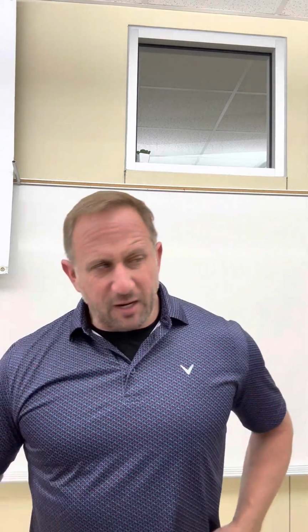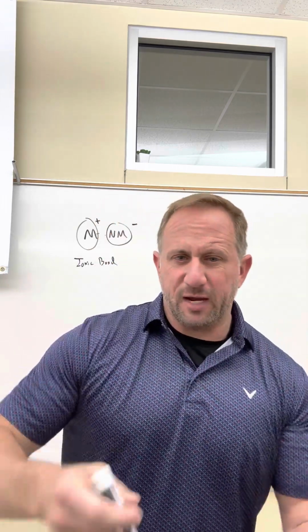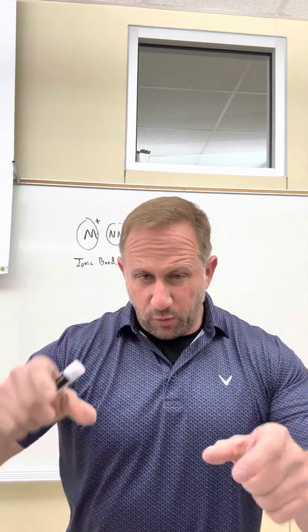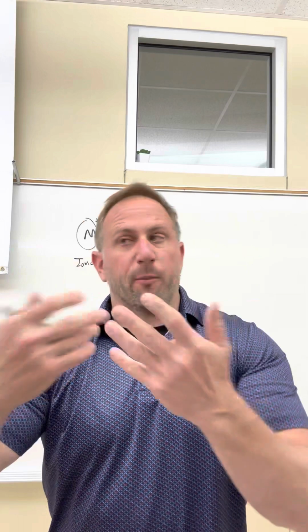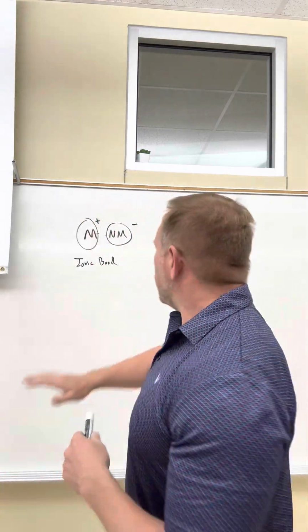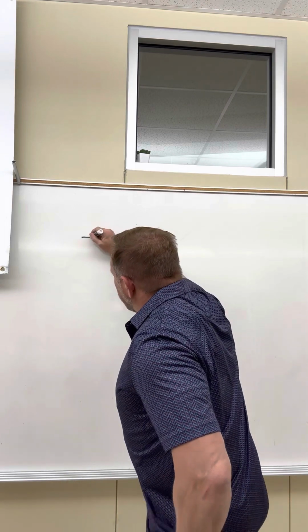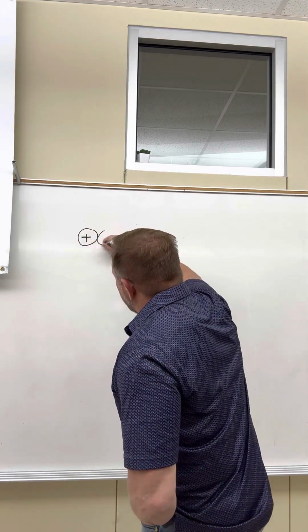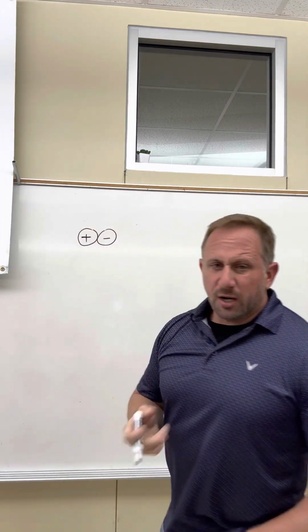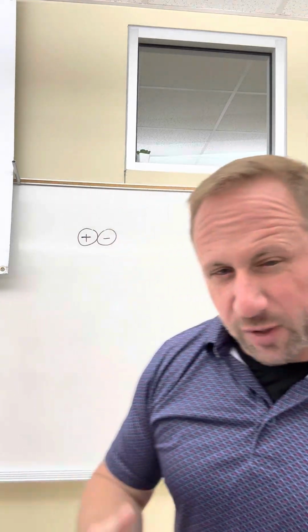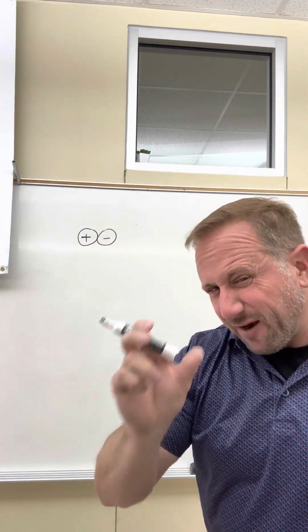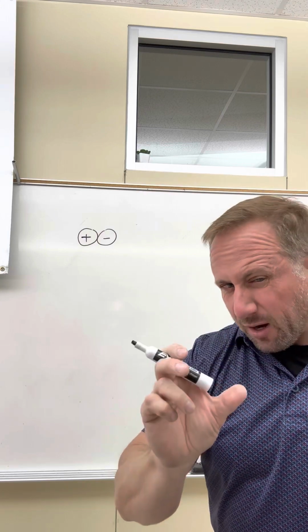Basically, that means we have a positive, negative attractive force between two opposite charges. As they attract each other, they create an ionic bond. It's a very, very tough bond.